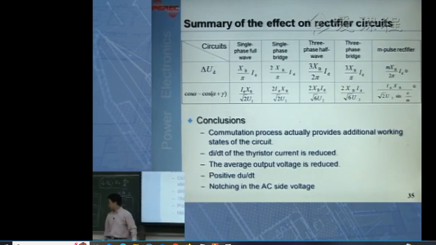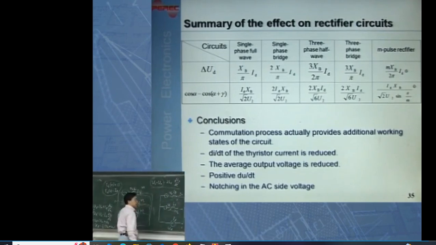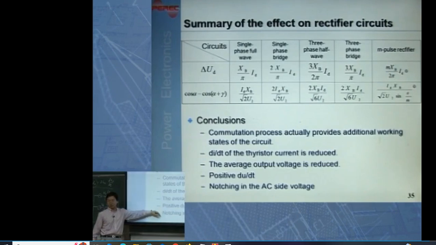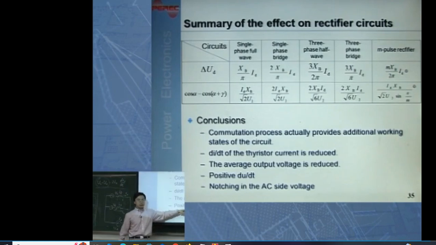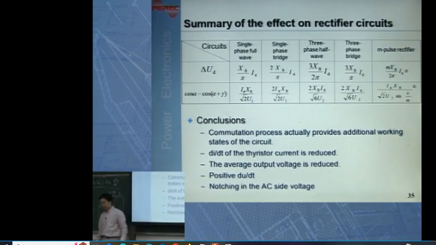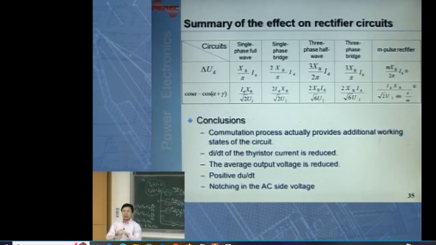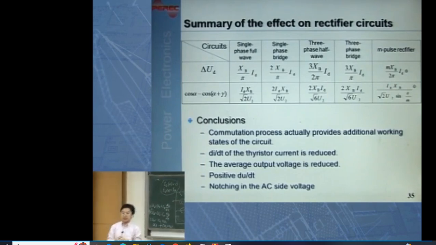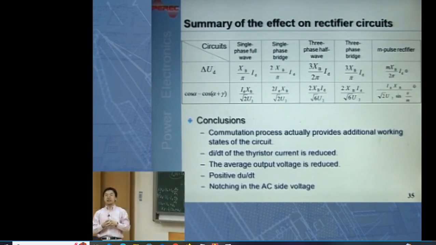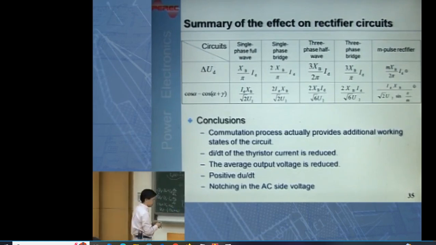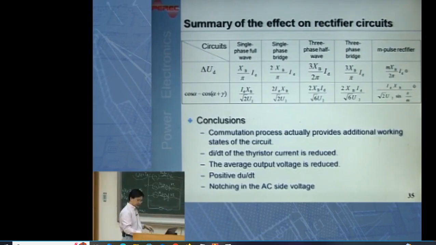We will not get into details in the class, but if you want to find out why there will be positive dU/dt, that means the voltage changing will be positive, and then there will be a notching in the AC side voltage, probably you need some time after the class to figure it out. And if you want to discuss that with me or with TAs, you are very welcome to discuss that. But we will not discuss it in the class.